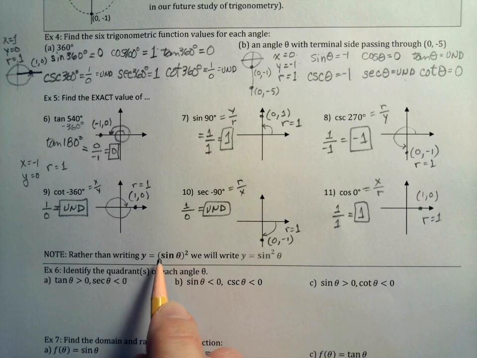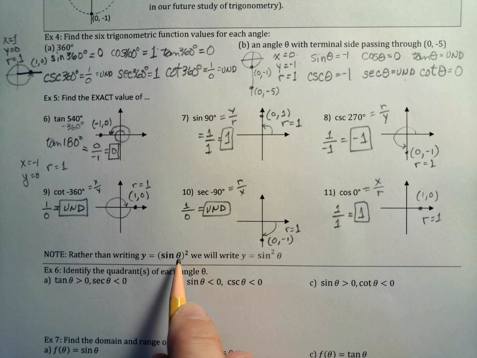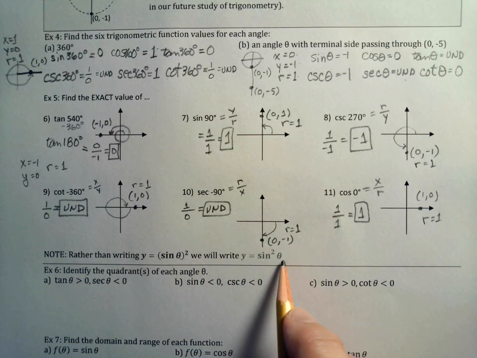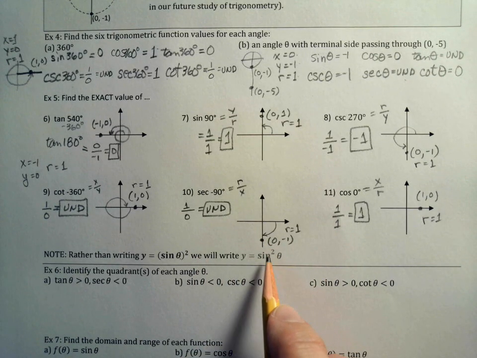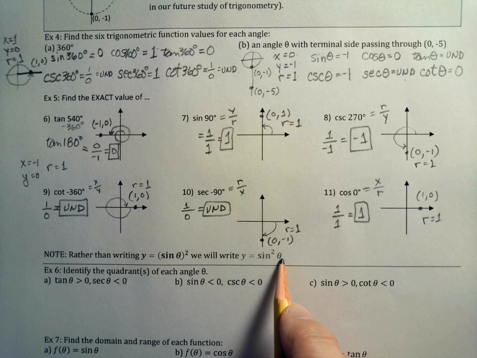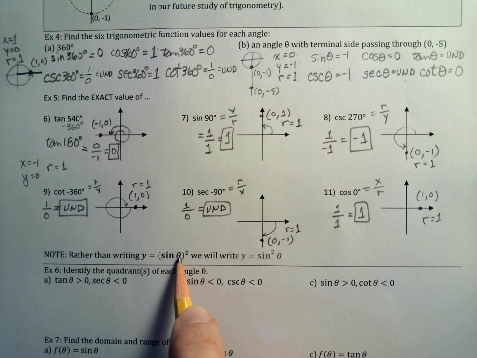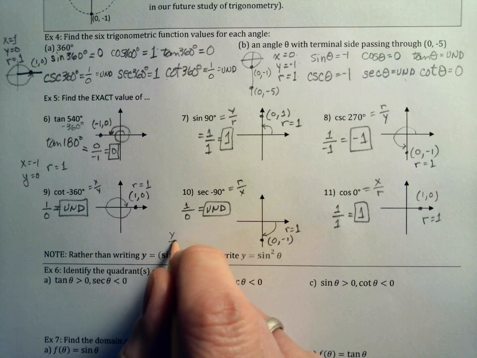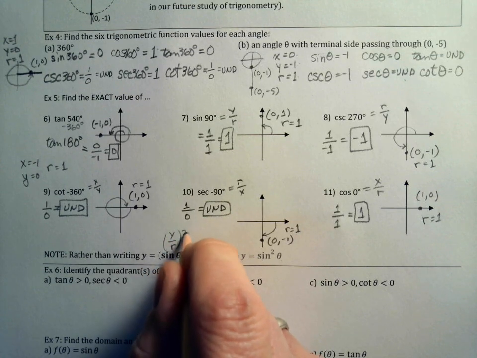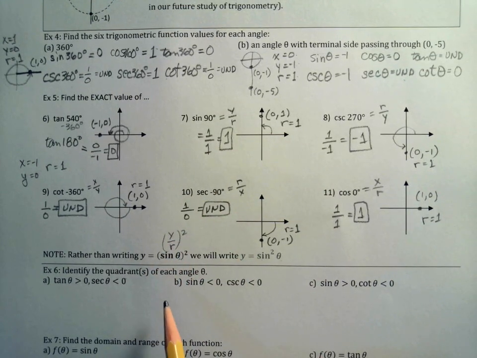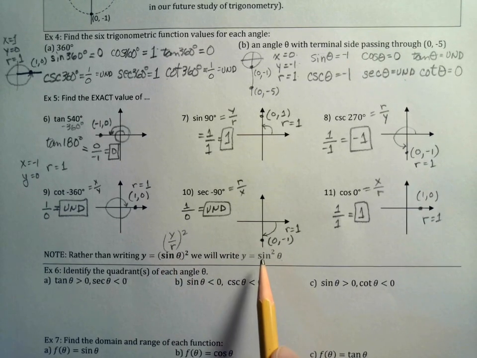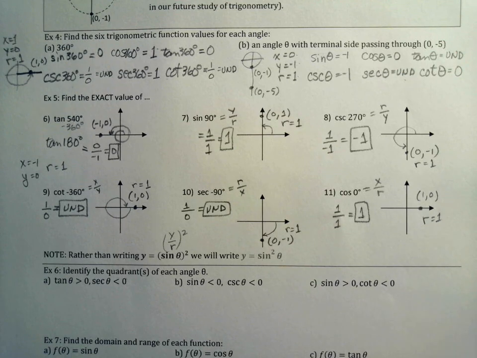So a shortcut, instead of writing in parentheses sine of theta quantity squared, we'll just say sine squared theta. It means the same thing. So if I write sine squared theta, again, we're not squaring the angle, we're squaring the ratio. So we would take the y over the r, and we would square that ratio. But instead of using those parentheses, we'll just do sine squared theta. It's the same thing, okay?